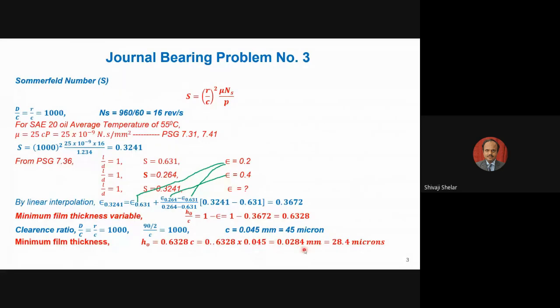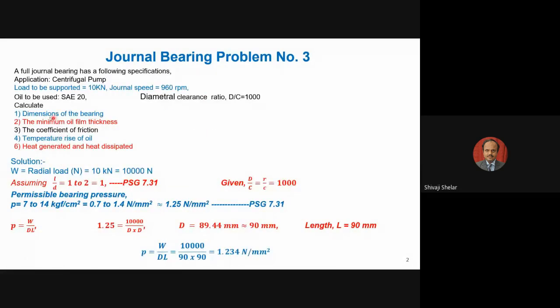So the minimum film thickness value is 0.0284 millimeter, which is equal to 28.4 micron. So we have calculated the minimum oil film thickness for this problem. Let's go for the coefficient of friction calculation in the next slide.